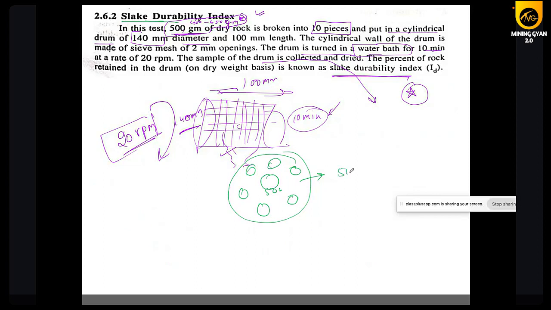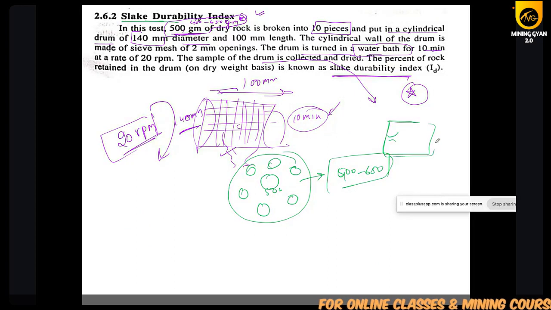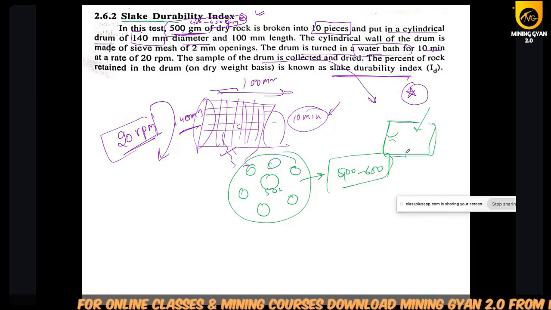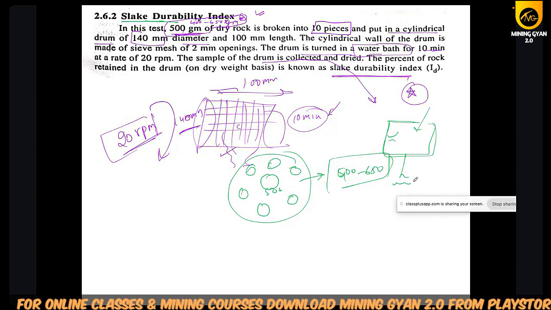The total weight should be nearly 400 to 650. Then we put them in a box, and then we have seen whatever he was doing in the video. Okay. So slake durability, in the slake durability, some weight will be lost.